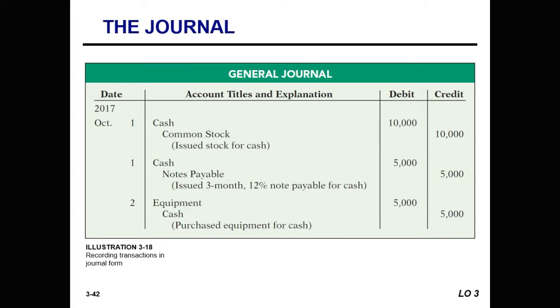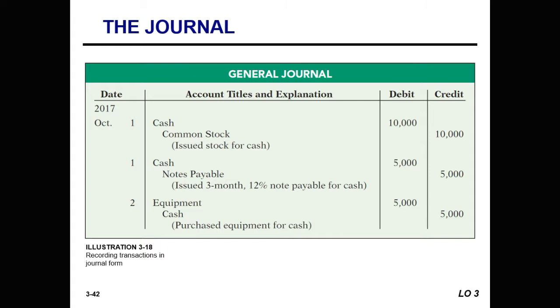Also included in many cases with your general journal entries is going to be a third line. That third line will have no numerical value associated with it, but it will have a descriptor characteristic. So it tells us why this particular entry was put into the books. We issued stock for cash.